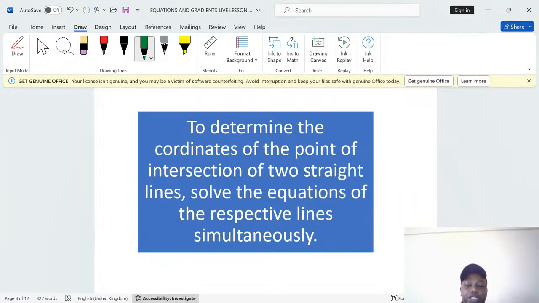Whenever two equations or two graphs of straight lines have been plotted, the coordinates of their point of intersection give the simultaneous solution.